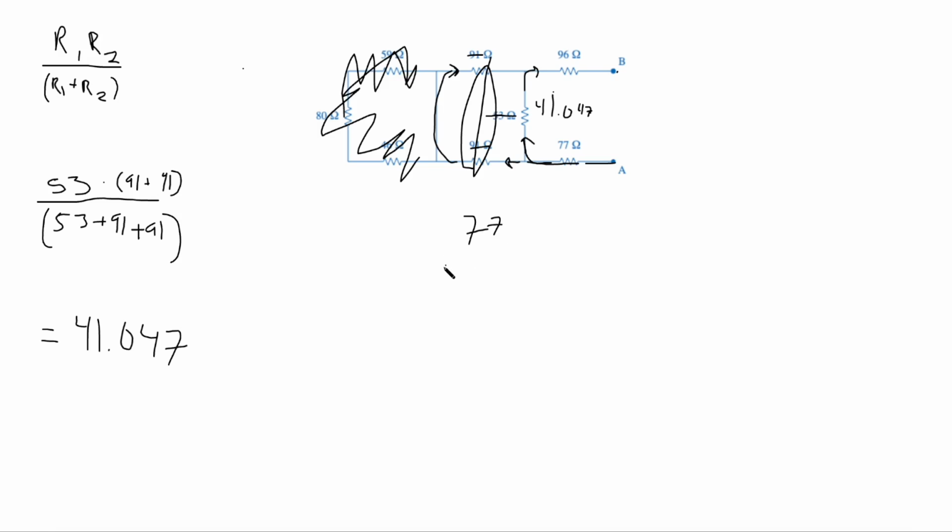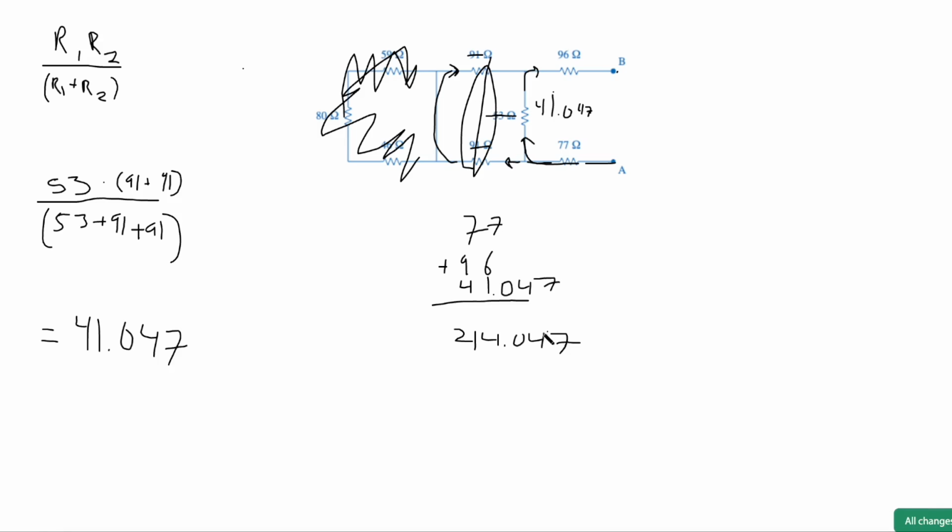So 77 plus 96 plus 41.047. And that should give you 214.047. On my homework, the correct answer was 214.05.